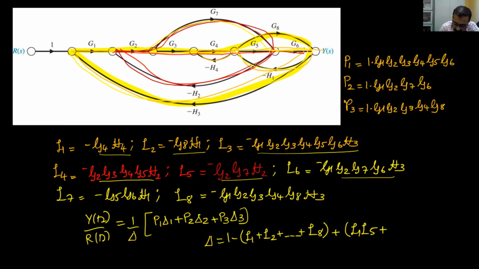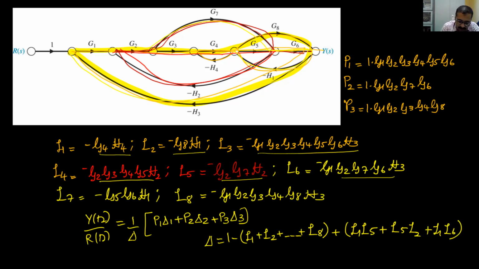Then G2, G7, this thing, L5 and G8, H1, they are not touching. Which is that? L2, L5. Okay, plus what next? L1 and G1, G2, G7, G6 minus H3. So L1 and L6 plus L1, L6. Okay, they are not touching.